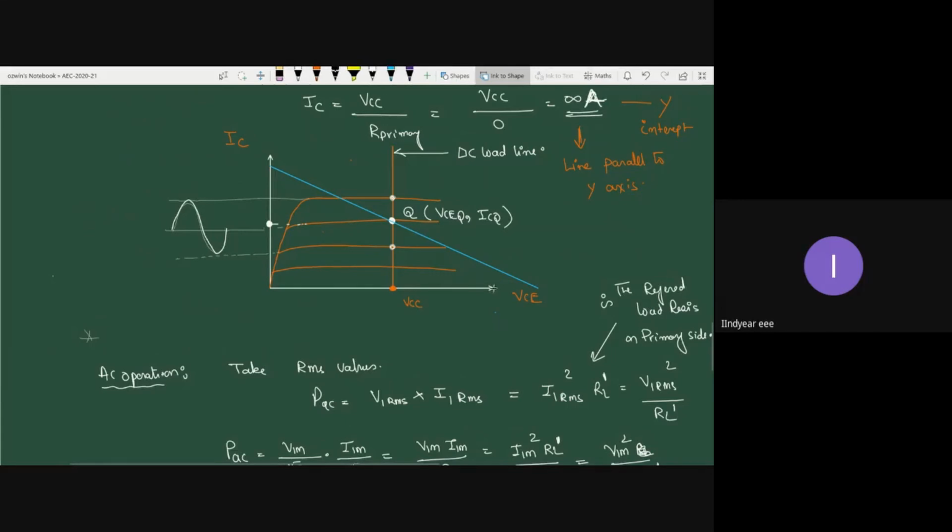I have to draw one more line. So this is my VC. Key point.